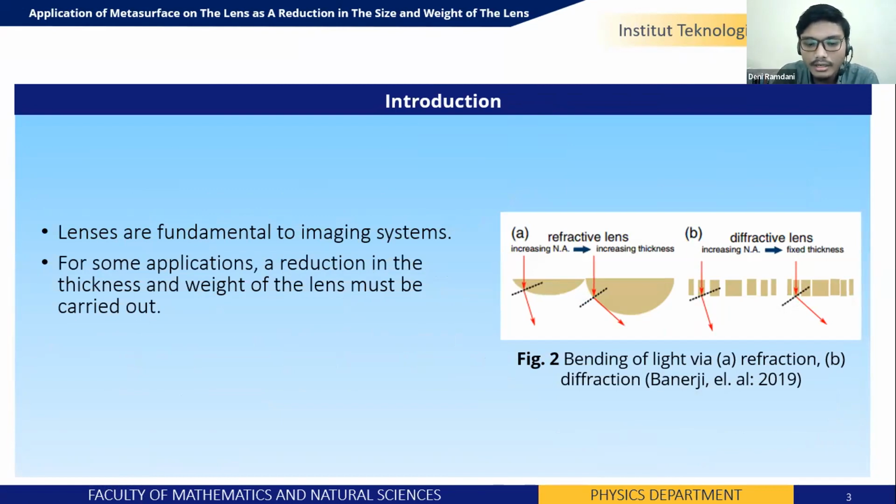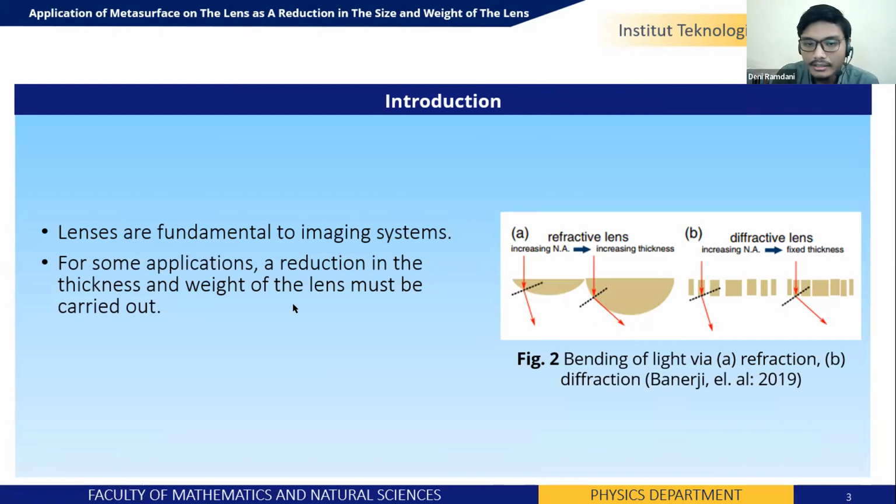For the conventional lens, if we increase the numerical aperture, we have to increase the thickness. But if we apply the metasurface, we can increase the numerical aperture with a fixed thickness.